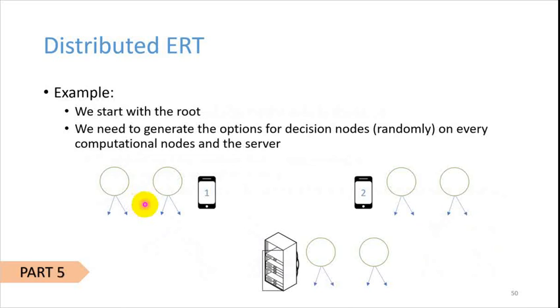So when we want to start choosing the best decision node for the root, first we need the options on every party, including the server or center. When we set the same seed for the random function on every party, they will generate the same string of random numbers for us.